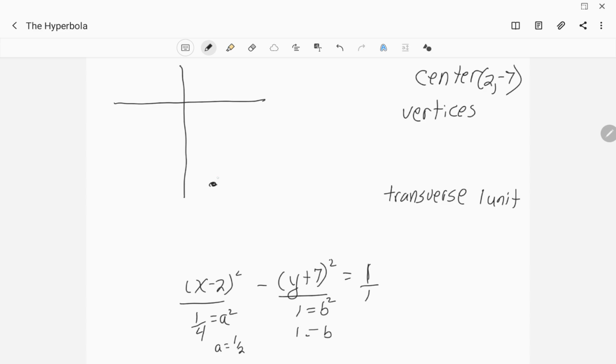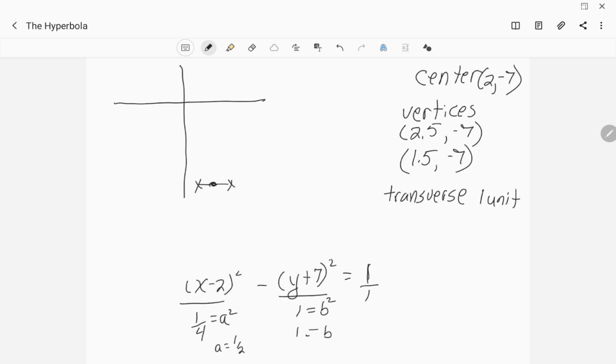If from 2 and negative 7 I go forward half a square, that brings me to 2.5, and the y value didn't change because I didn't go up or down at all. So there's one vertex. The other vertex, from my center I'm going to go back half a square. So 2 minus a half would be 1.5, and the y's didn't change. So there's my other vertex.